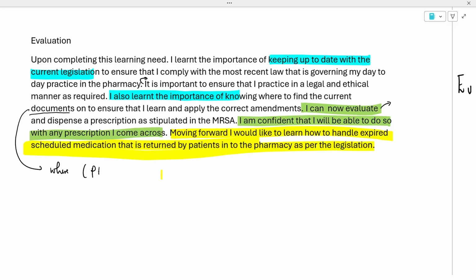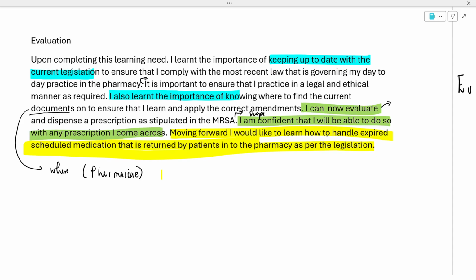I think this is the Pharmacy Act. Okay. Commercial publication. So mention this in your publication. I can now evaluate and dispense a prescription as stipulated in the Medicines and Related Substances Control Act. So mention your scope here. Okay, mention that as stipulated in the Medicines and Related Substance Control Act, according to my scope of practice as a pharmacist. Mention your confidence.